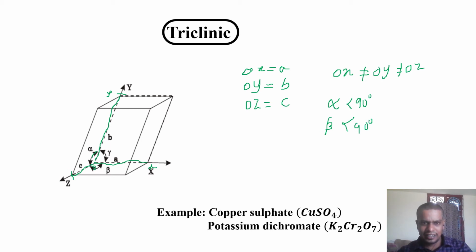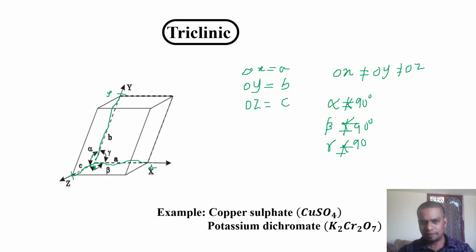The angle between y and x is gamma, which is less than 90. Looking at this diagram, some angles look obtuse and some look acute, so in general we can say they are not equal to 90. This is not equal to 90, this is also not equal to 90, and these are also not equal to 90.